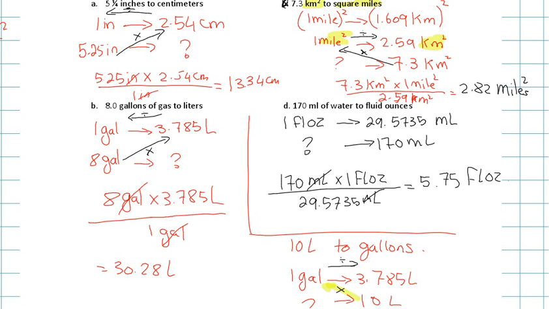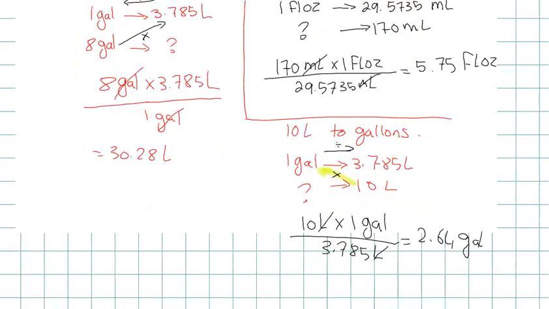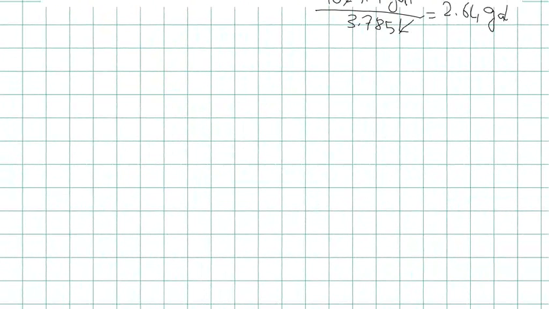Now another thing is what we call conversion between metric units, anything that goes like this. It could be grams or liters or anything that's metric.